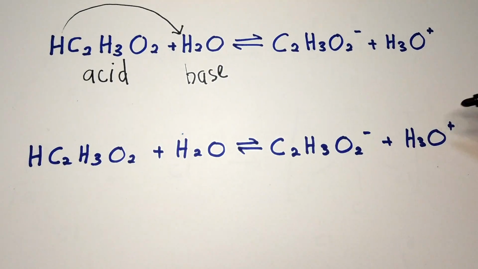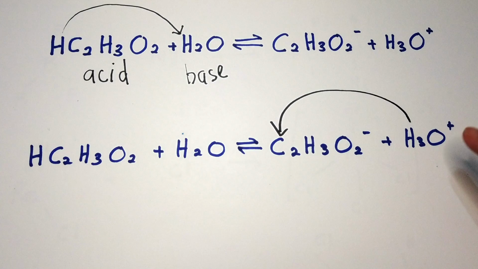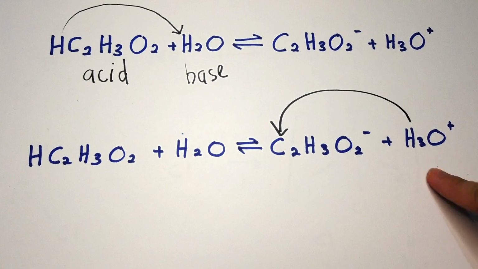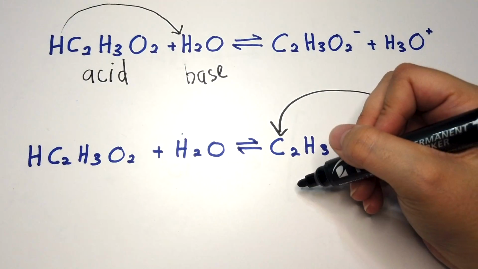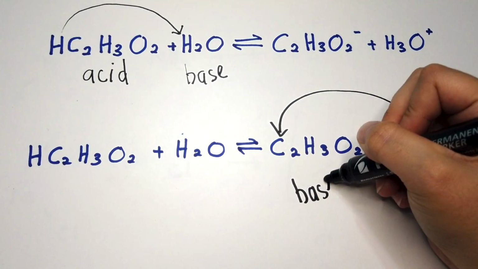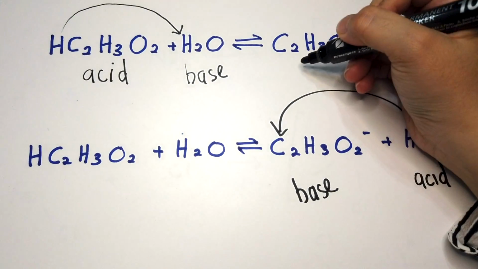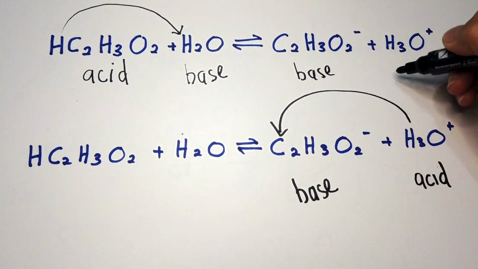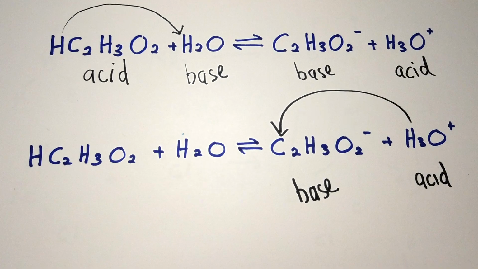So the H+ is donated by the hydroxonium over here. Since this is donating the H+, this one is the acid and this one shall be the base. If you merge this together, this is the base and this is the acid. This is where we get the conjugated acid base.